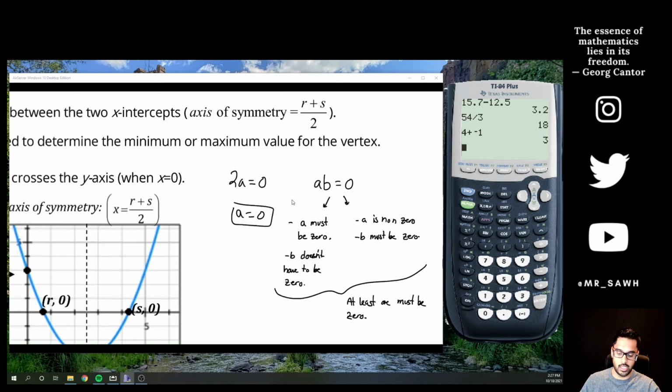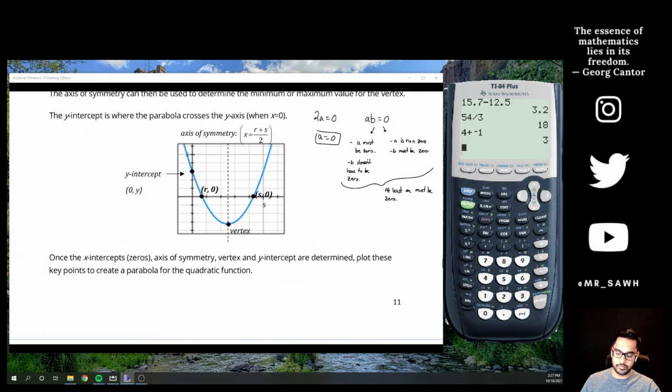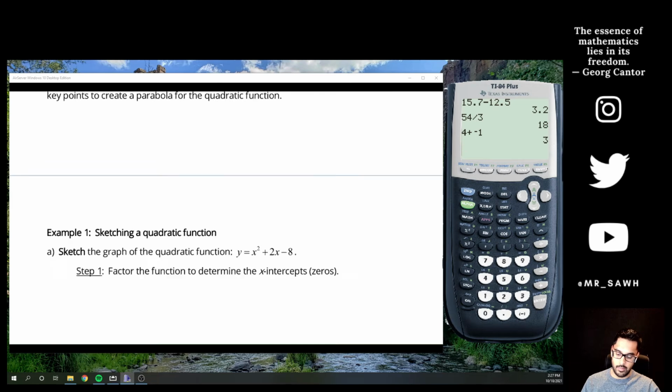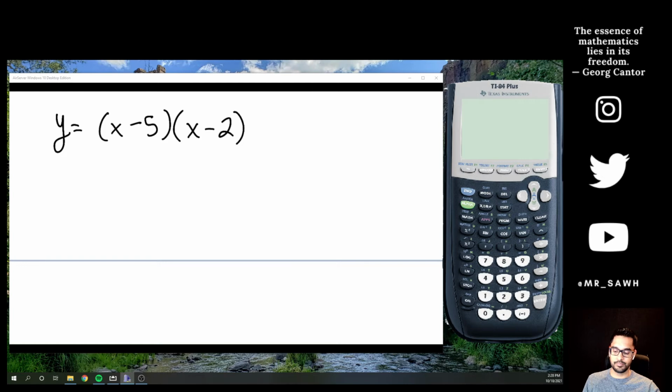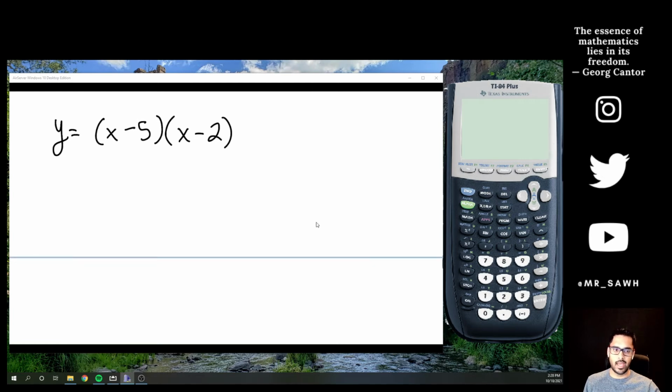So the logic here is, if I've got a function, y is equal to, and I'll write it in factored form, one of the examples we had before, maybe something like x minus 5 multiplied with x minus 2, something that we factored. If I want to find the x-intercepts of this, what I'm really going to do is let y be equal to 0, which I can rewrite as 0 equals x minus 5 multiplied with x minus 2.